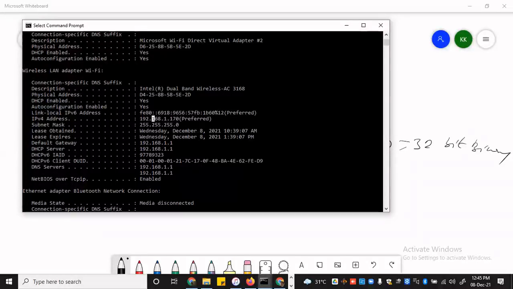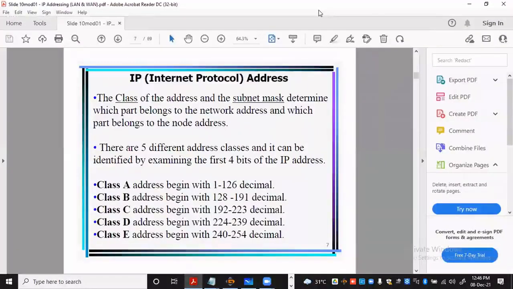Now let's look at the classes of IP address so you can get a good illustration of it. Class A begins with 1 and ends at 126. 127 is reserved, and we'll get to that later.